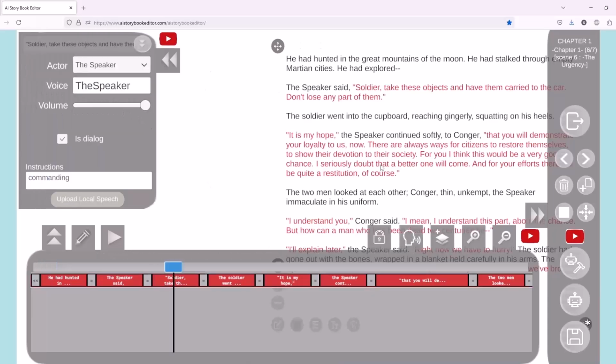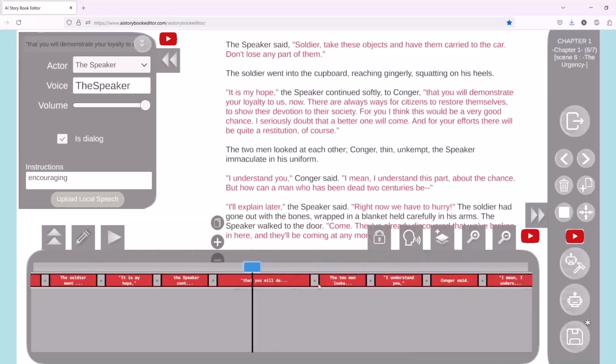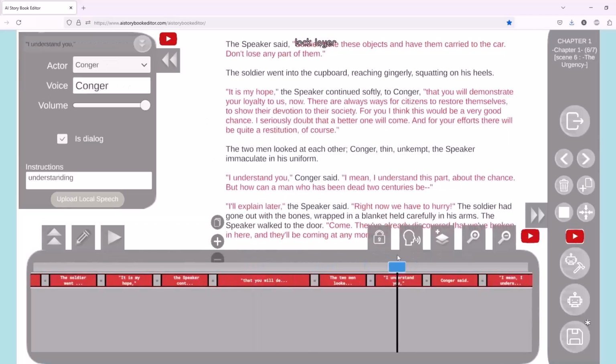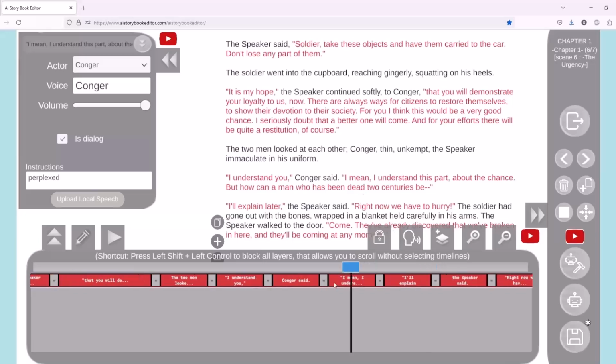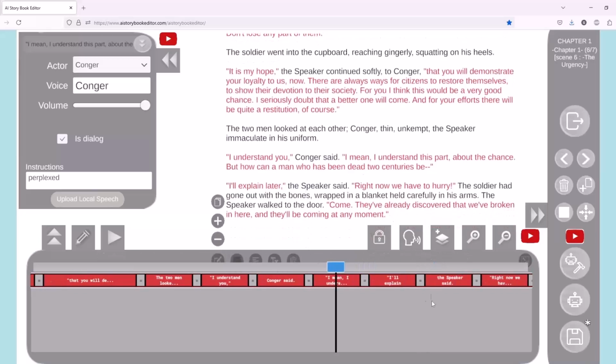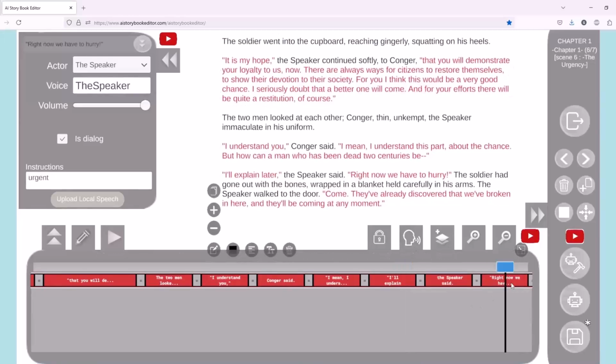The speaker, Conger and Conger. Speaker and speaker.